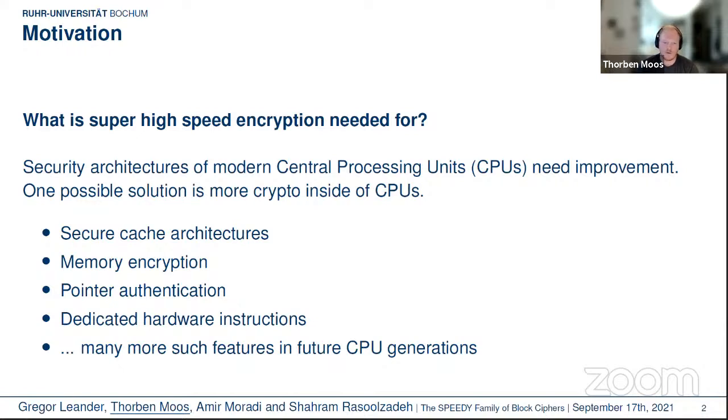One of them is more crypto inside of CPUs, for example, in the sense of secure cache architectures with encrypted addresses, memory encryption of all the storage elements inside of and surrounding CPUs, then pointer authentication, dedicated hardware instructions, and many more such features in future generations of high-end CPUs.